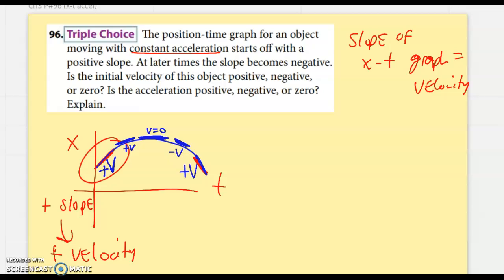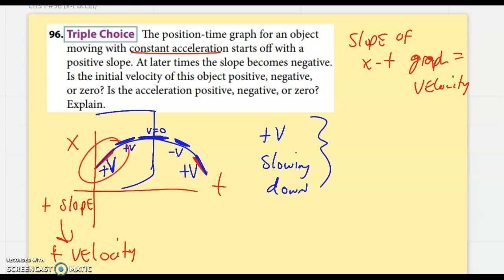So here's my point. Looking at that first half, you could say we have positive velocity, but slowing down. See, the trend is big velocity, less velocity, 0. So those two things combined say anytime you're slowing down, the acceleration has the opposite sign of the velocity, so we have a negative acceleration there.